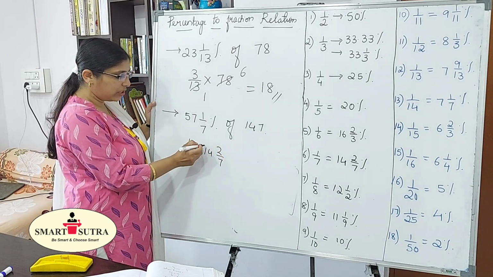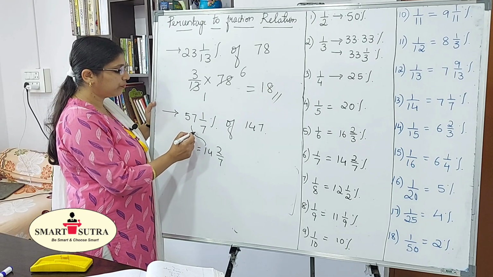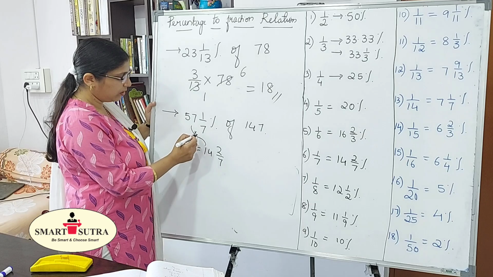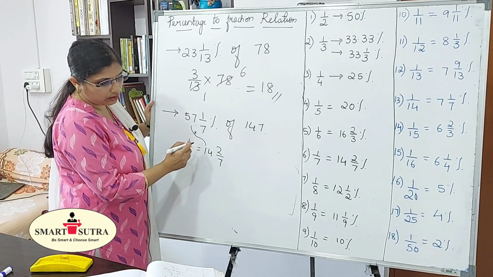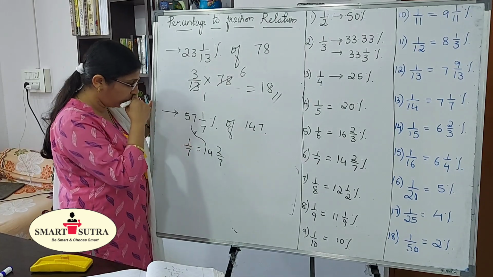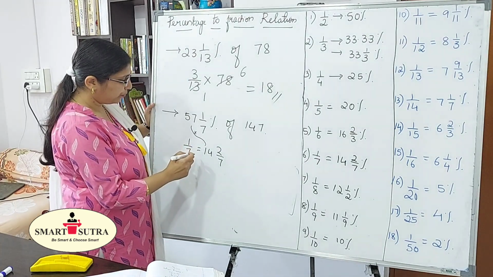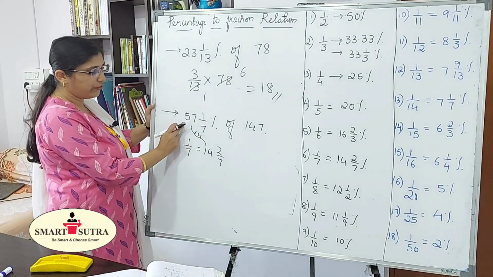Now what is the relation between 14 and 57? How much can you multiply by? 3 sevens are? No. You have to multiply by 4 times. Approximately you will get 56.